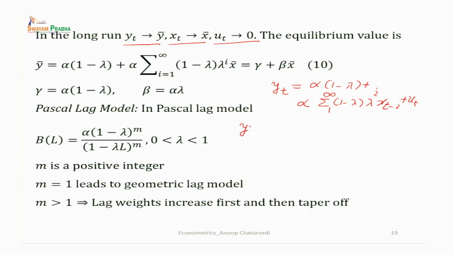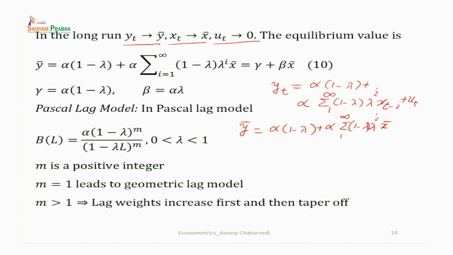So, y bar equal to alpha into (1 minus lambda) plus alpha summation 1 to infinity (1 minus lambda) lambda to the power i x bar, and then u t tends to 0. So, you get this solution, and then you can write it as say gamma plus beta x bar.